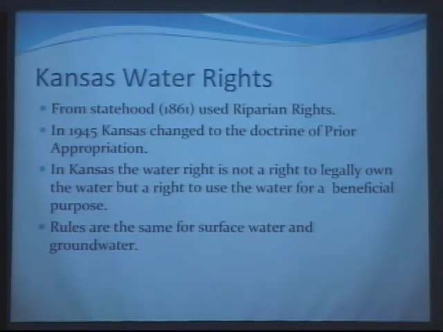Does prior appropriation come from the riparian rights? No, it's altogether different. Actually, prior appropriation has some similarities to getting a mining claim, when they found gold out in the Sierra Nevadas.